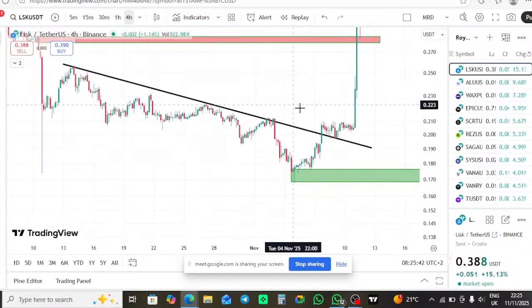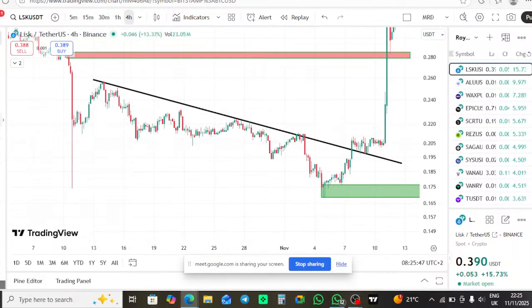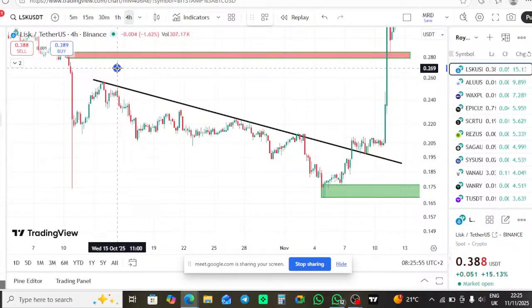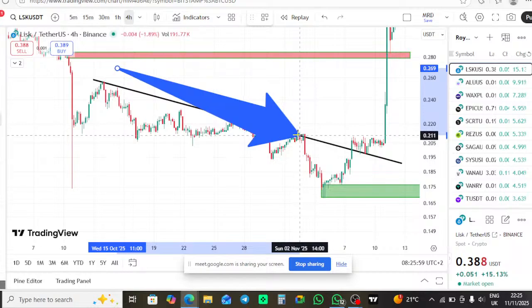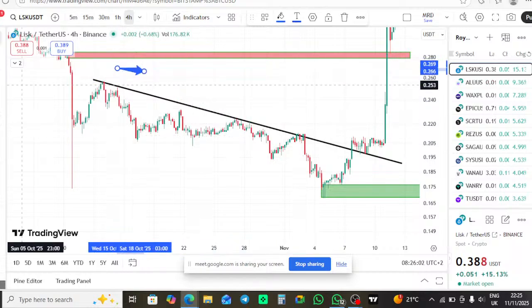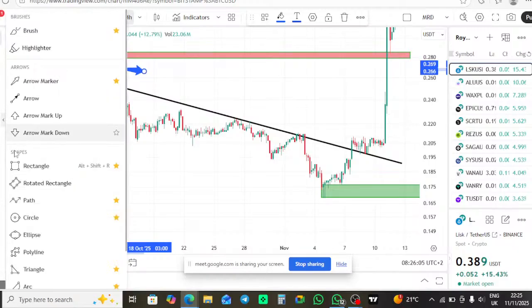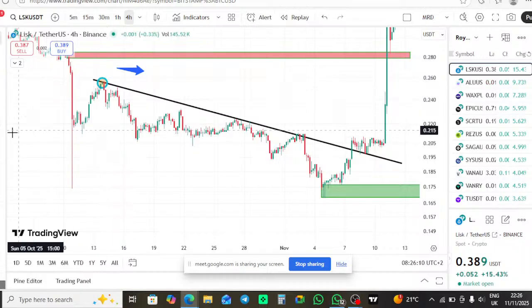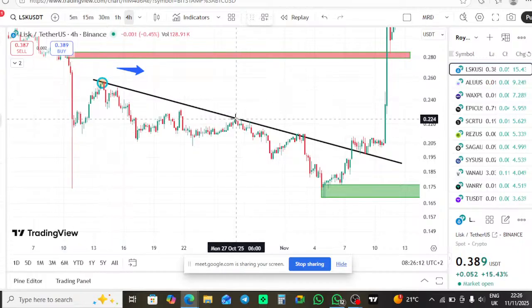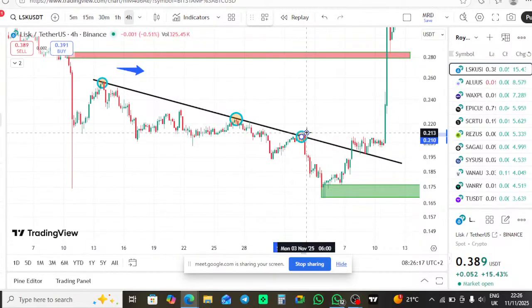Now, since we have this trend line, we said for you to confirm that this is a trend line, it must touch two areas. 1, 2, and 3. May I have 3 points? Therefore, this one stands to be a trend line. That is our point, and this is another point. And finally, this is another point.